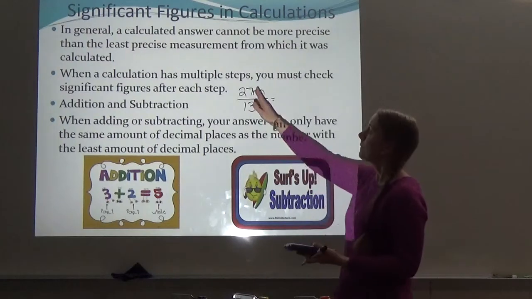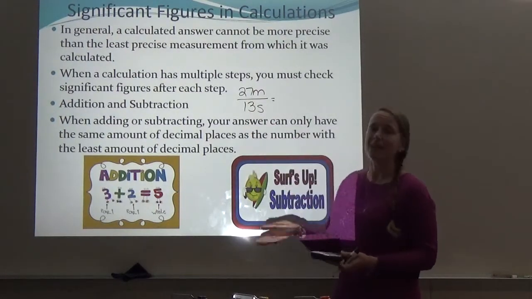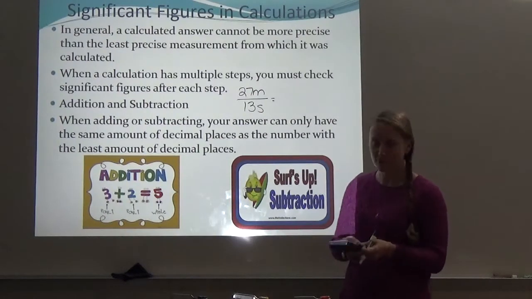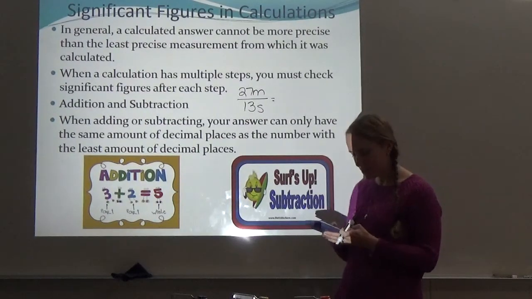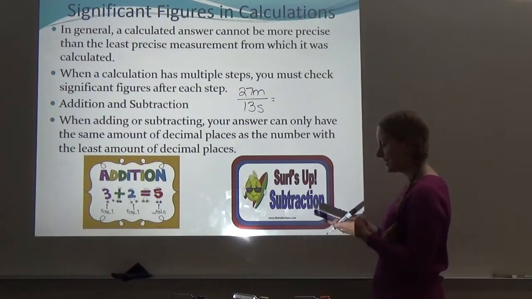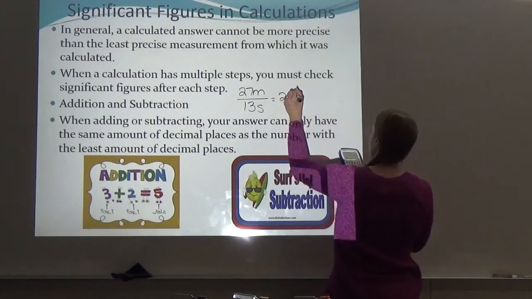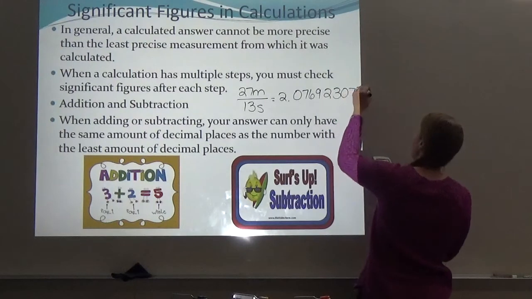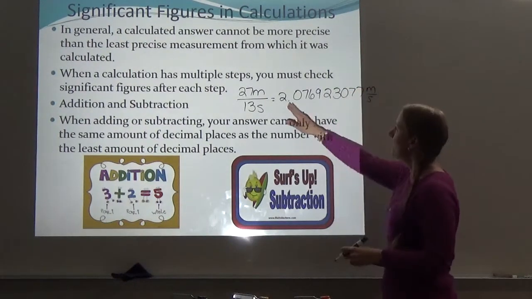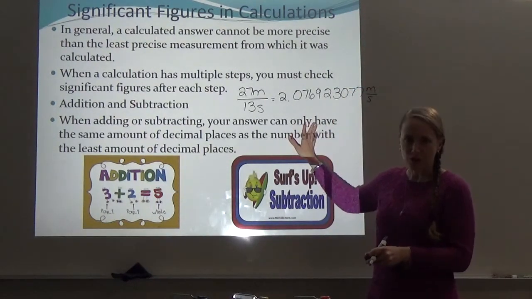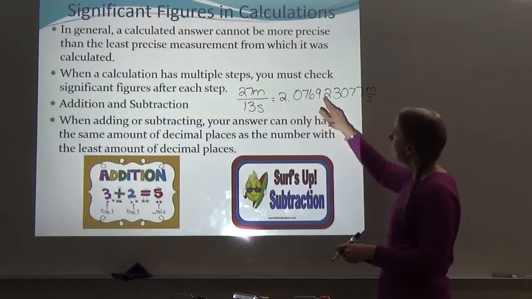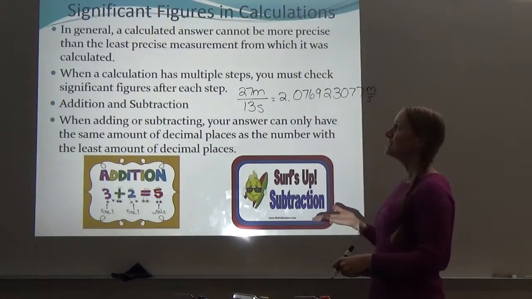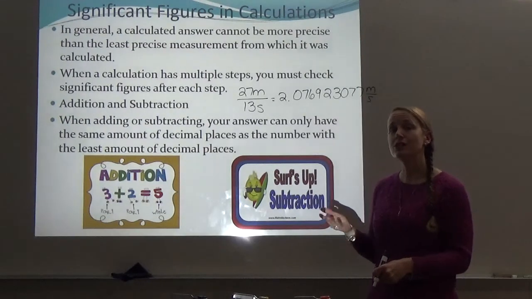Okay, so my numbers that I've measured only have two significant figures. But if you put this into a calculator, you're going to get 2.076923077. So you can't report this answer as assuming that you have measured out all of these decimal places. So that's what significant figures in calculations help us do.